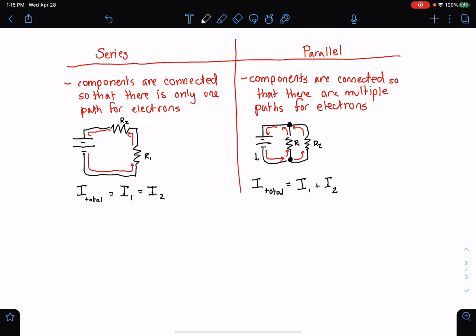So say you have a current of like 1 amp, maybe you have like 0.3 amps go through this one, then you'll have 0.7 amps go through the second one. So it splits up a little bit, not always evenly. So here I don't have it split evenly. It doesn't always split evenly. Some of it will go through the first path, some of it will go through the second path, but the total is still 1 amp, okay?